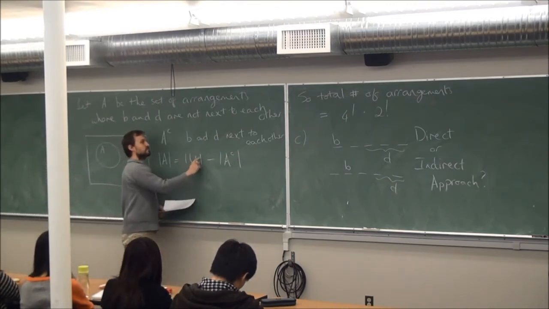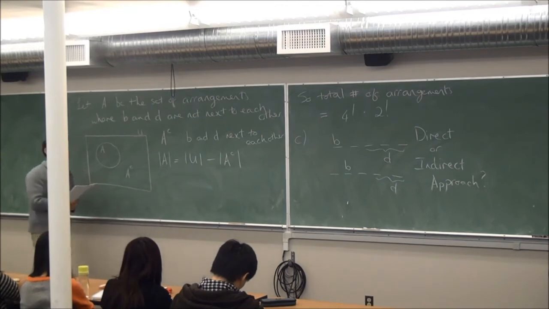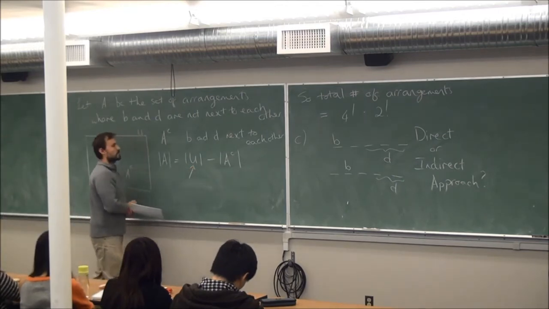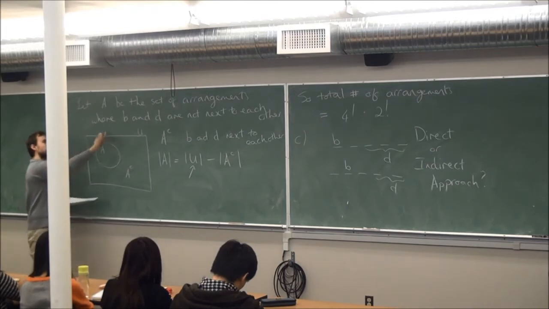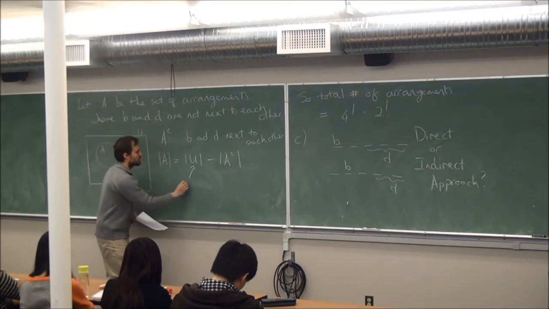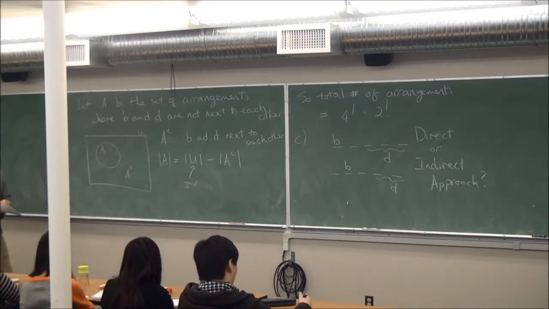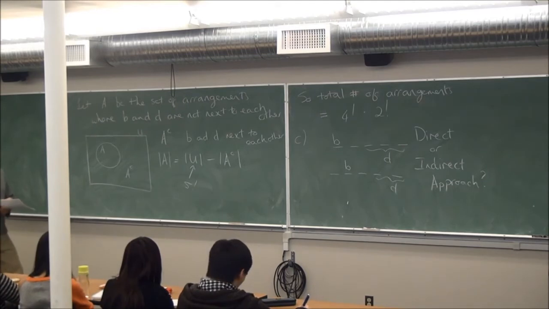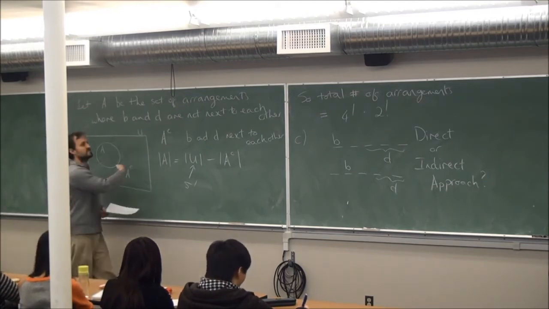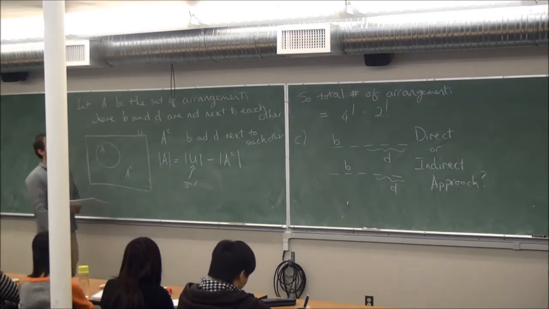This guy, the universal set, as we saw in 2A, is always easy. Without any restriction, how many arrangements are there in this rectangle? We saw there were 5 factorial. So if I have no restriction, that's always the easiest out of all of these things.